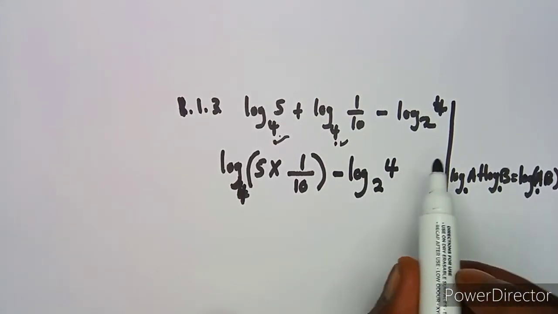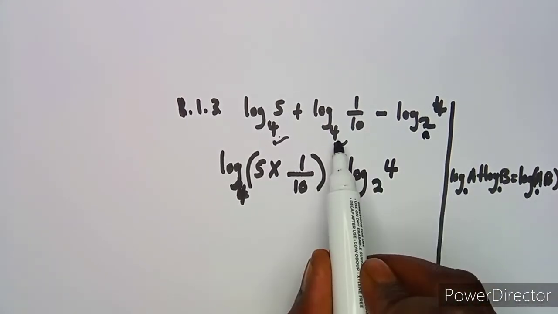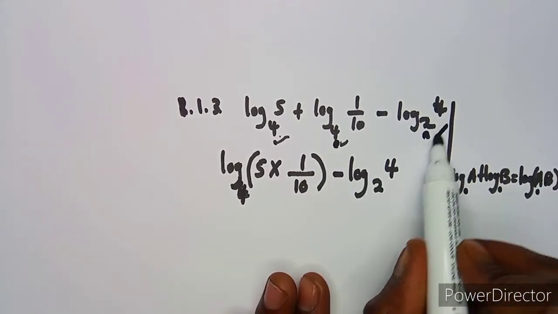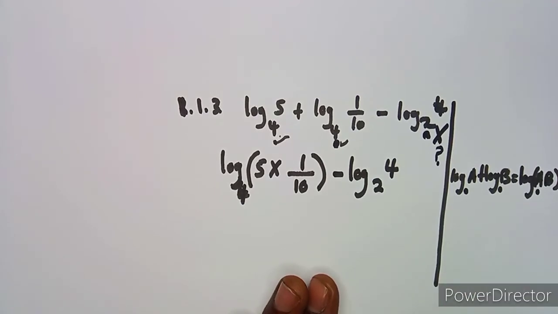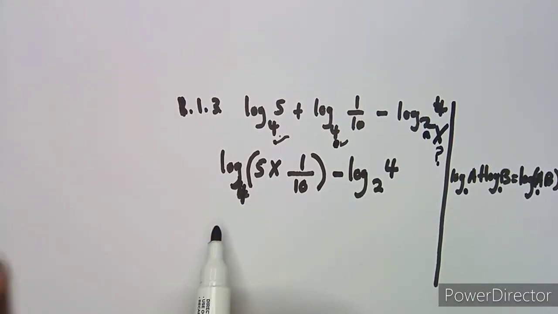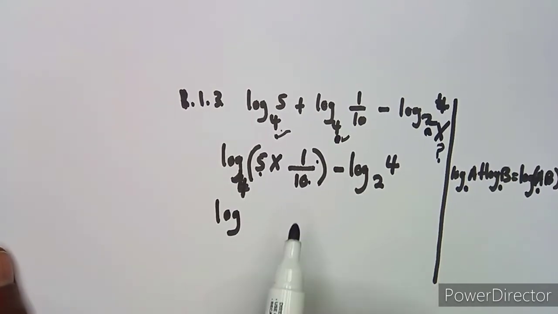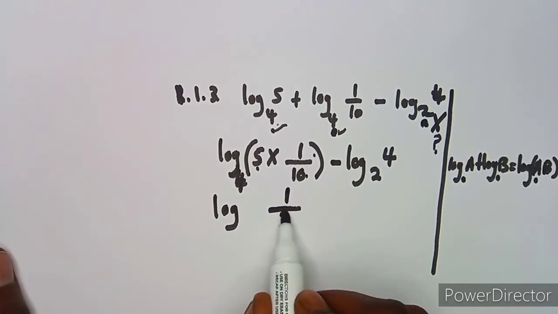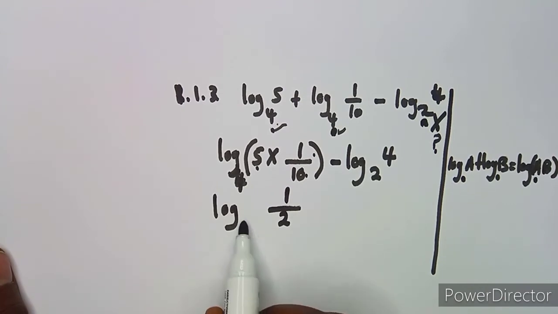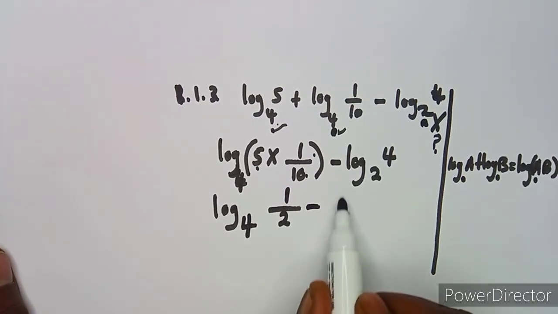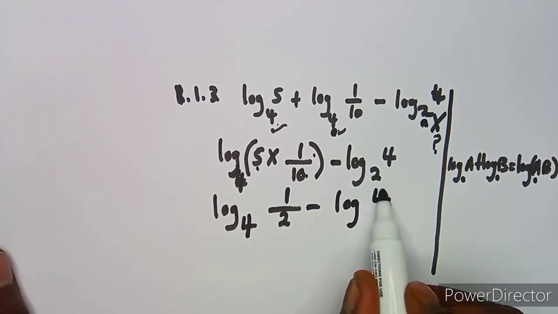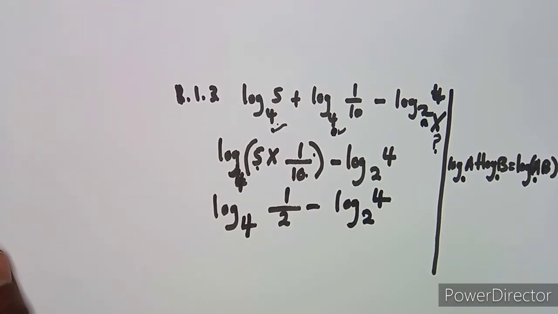Take note here, this base is not the same as this one, so that is why we have to leave this aside. So let's multiply and see 5 times 1 over 10. This is going to give us 1 over 2, which is a half, in base 4, minus log 4 base 2.